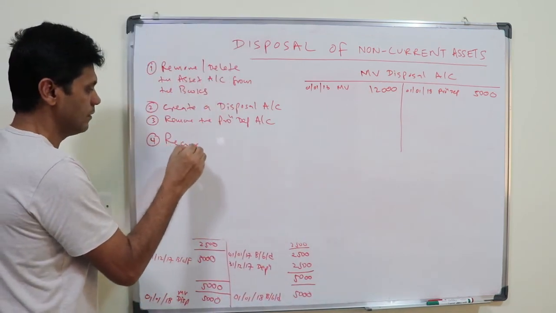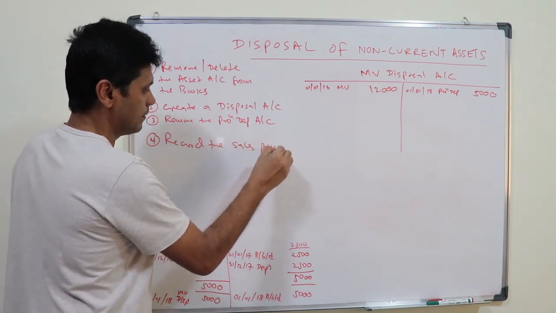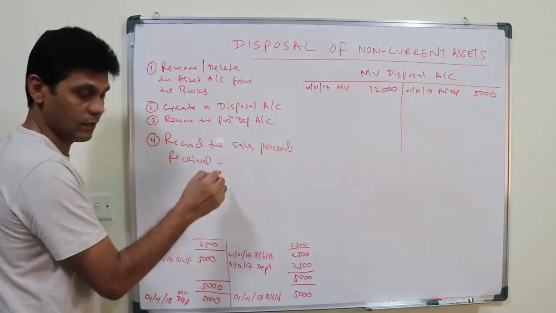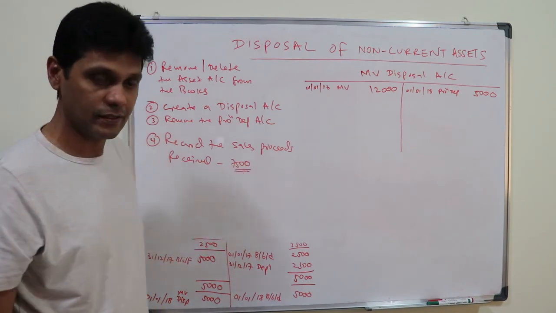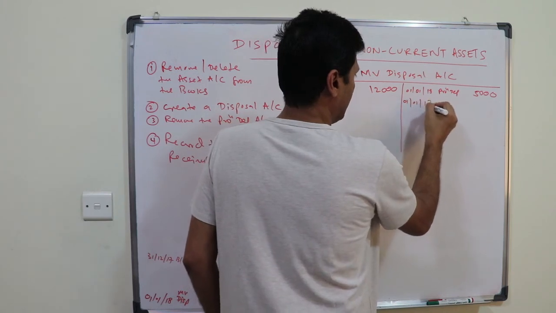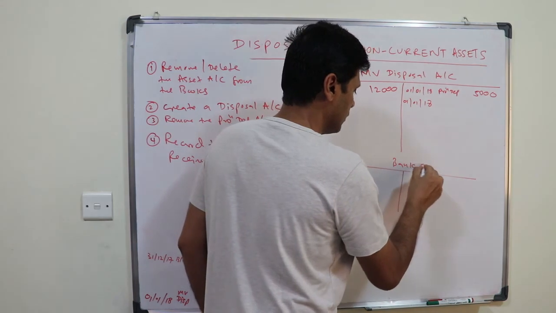Record the sales proceeds received. How much have you received? 7,500. So when you receive cash, you debit your cash book or the bank account.